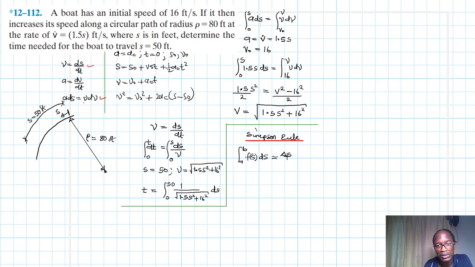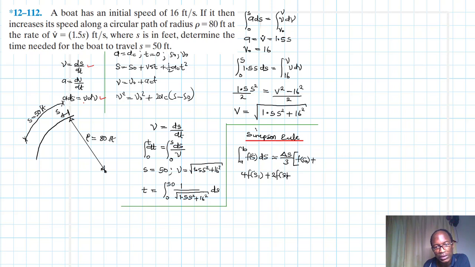ds divided by 3, and then we have f of s naught plus 4 f of s1 plus 2 f of s2.